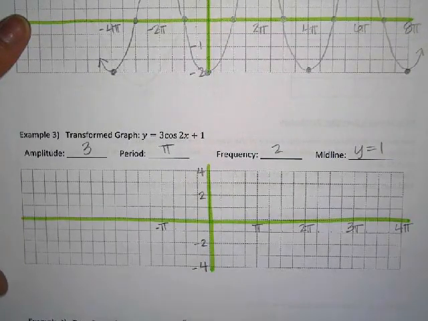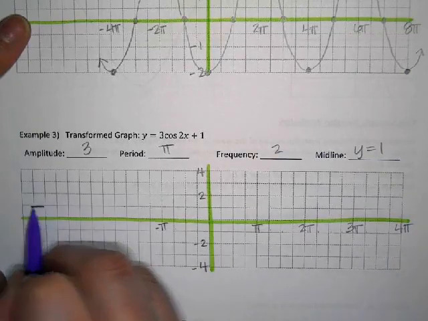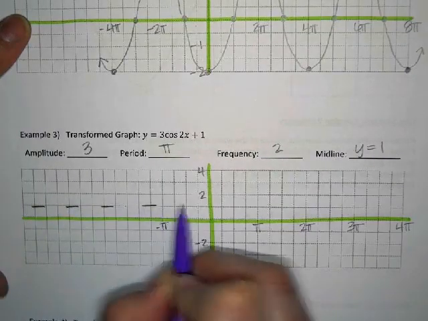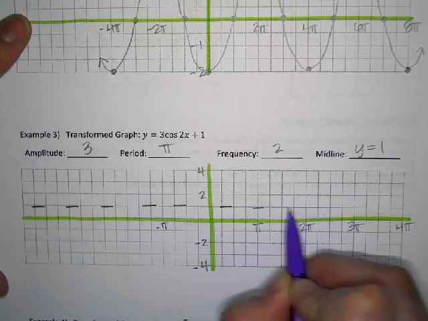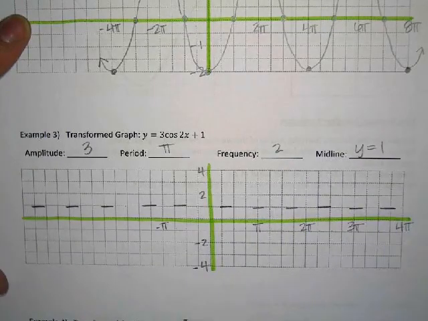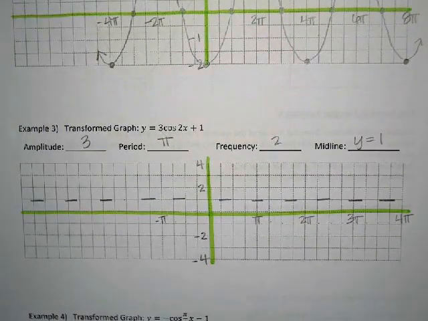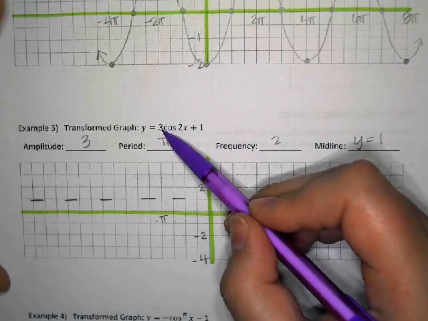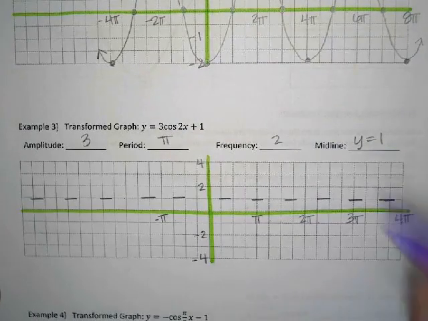And draw in my midline. This curve is positive, and so that means I'm going to be starting at the maximum.